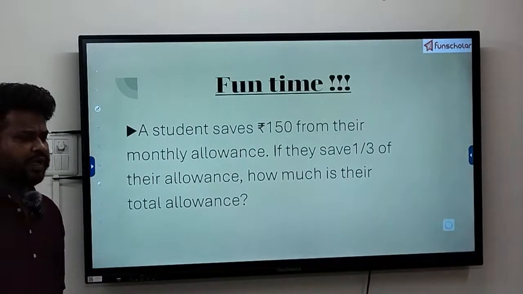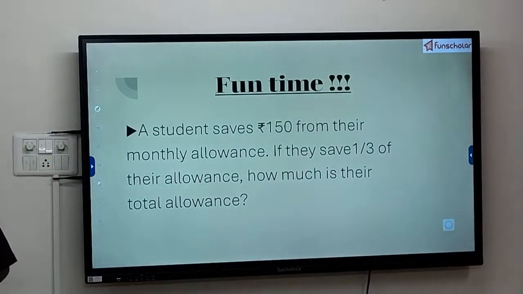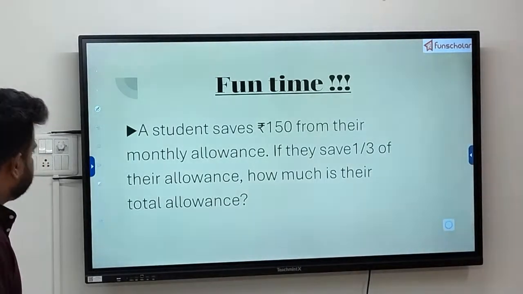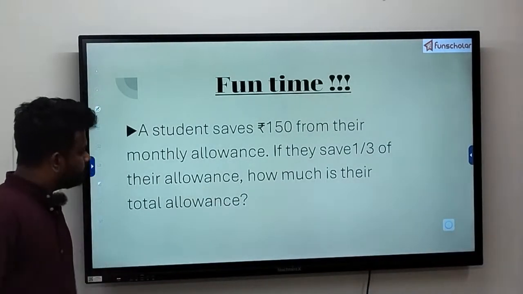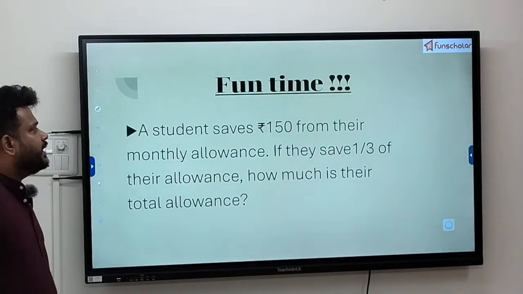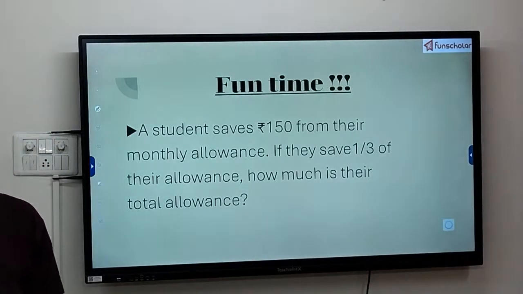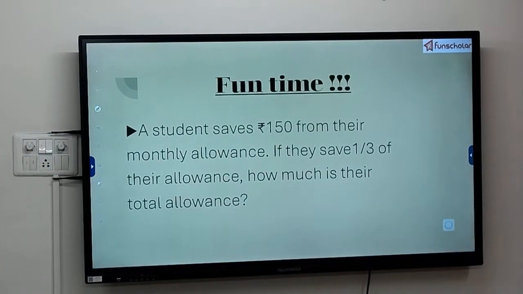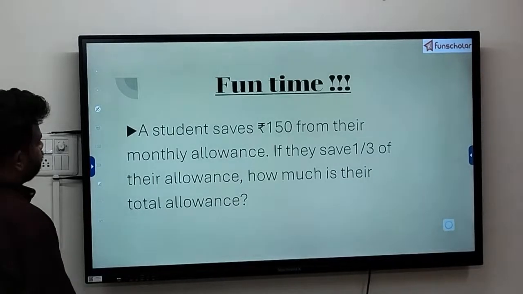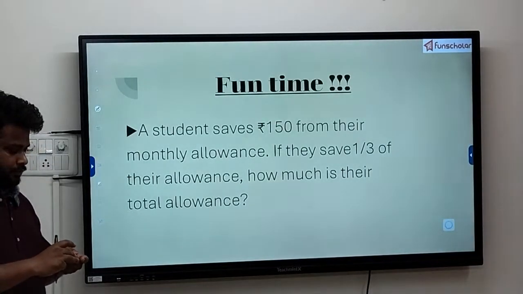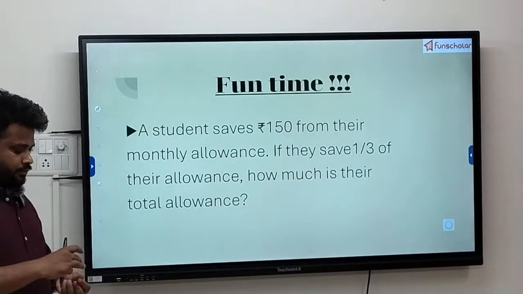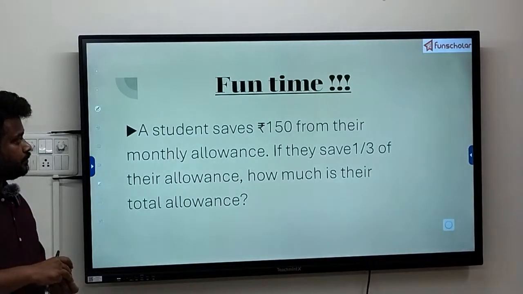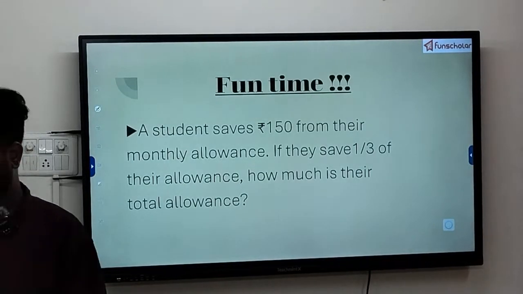Do it quickly. We are saving 150 rupees. So it's the 1 by 3 of the salary. What?